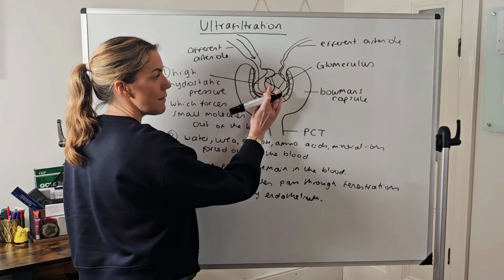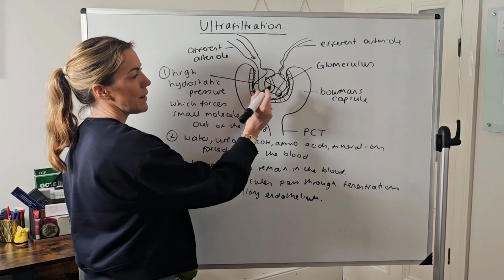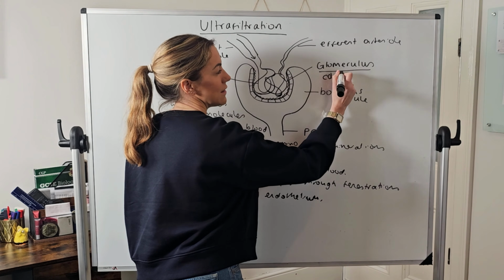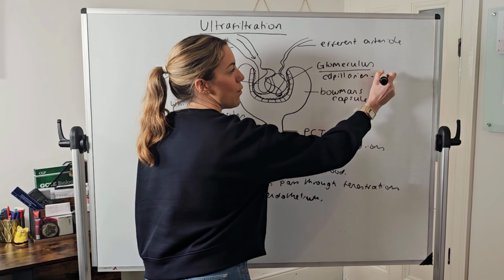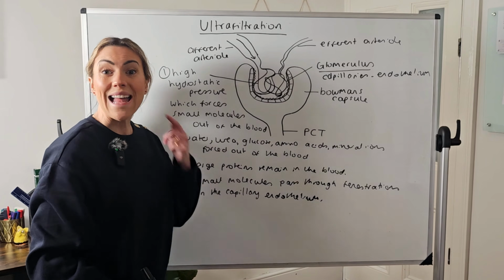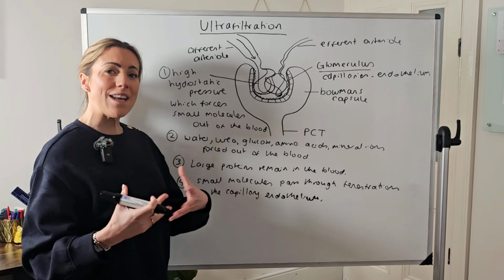So talking about the glomerulus and the capillaries from which it's formed, obviously the walls of these capillaries that form the glomerulus are just made of a single layer of endothelial cells. You'll remember that from year 12. The wall of the capillary is called the endothelium.